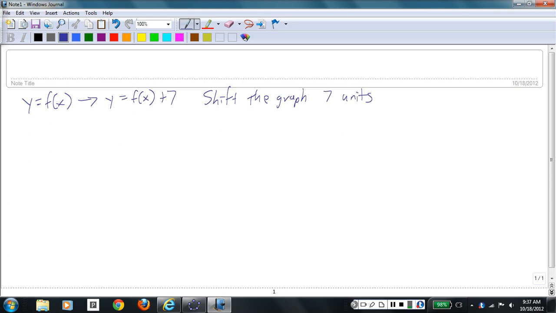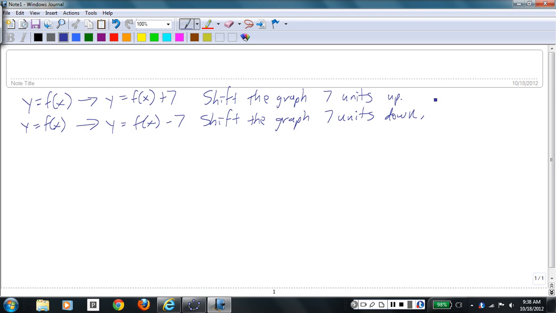It's going to add 7 to every y coordinate. y started out being just f of x, but in the new one, y is f of x plus 7, 7 greater than that, so y is 7 units greater, so 7 units up. If we do the opposite, subtract 7 instead of adding 7, we're going to shift the graph 7 units down, because the y coordinates will all be 7 units less than they were originally.